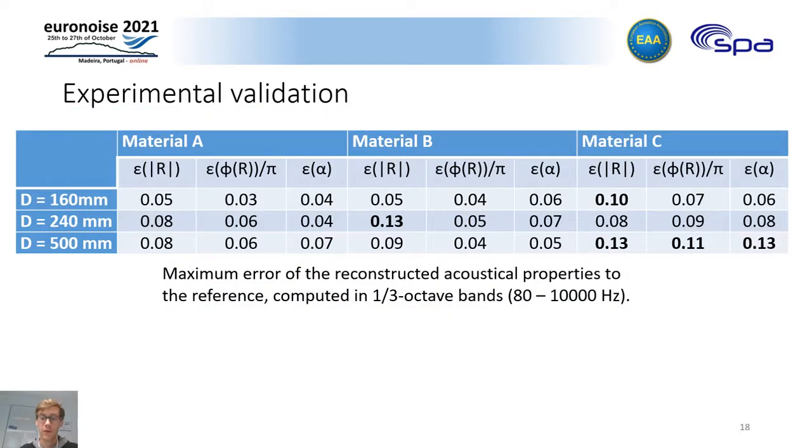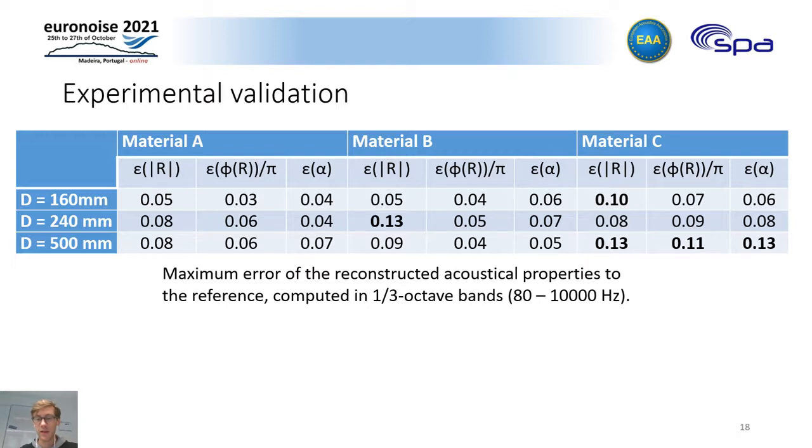Once those three parameters are retrieved, then it's possible to use the same model that we used to perform the model fitting in order to retrieve the acoustical properties of the system and to compare them with the prediction from the reference values. And as you can see from this table, we have an interesting pattern where the error basically increases as the flow resistivity of the layer goes down.